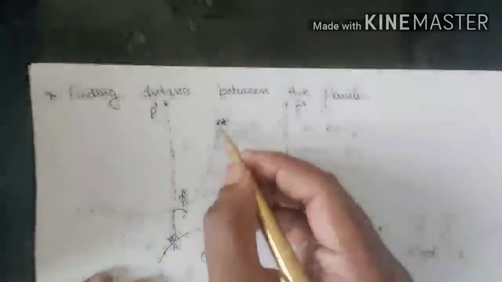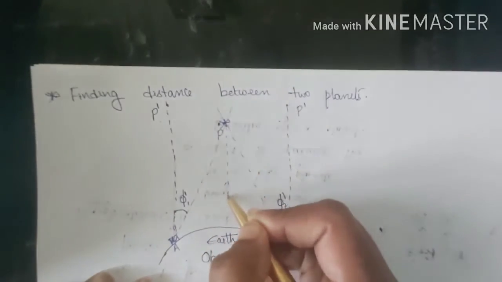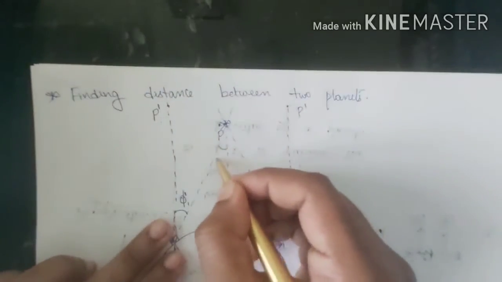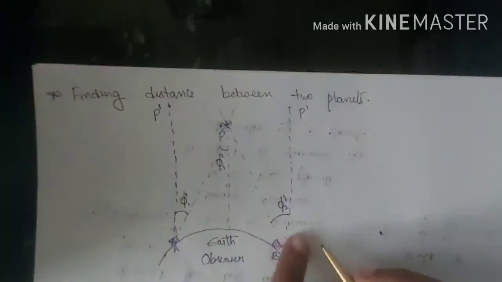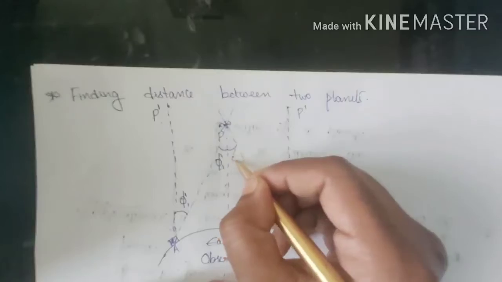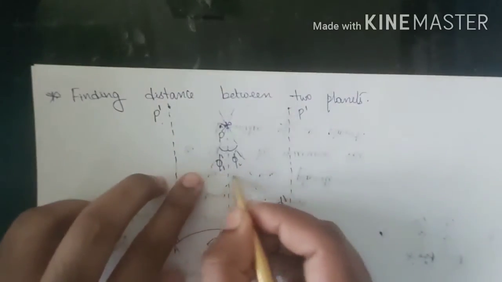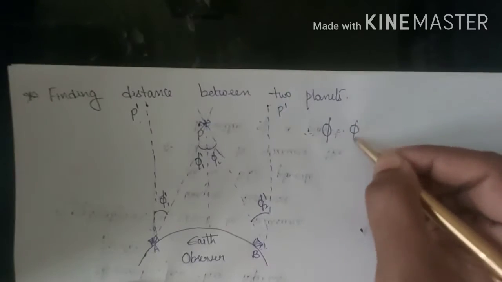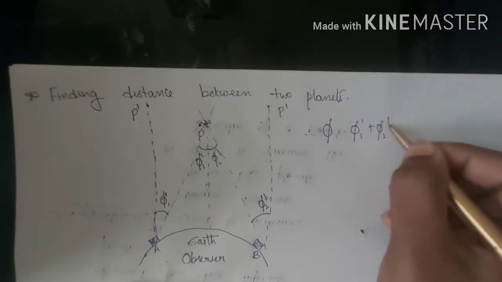Now if I draw a bisector here, if this is phi 1 dash, then this is also phi 1 dash. If this is phi 2 dash, then this is also phi 2 dash, which means this total angle phi is equal to phi 1 dash plus phi 2 dash.